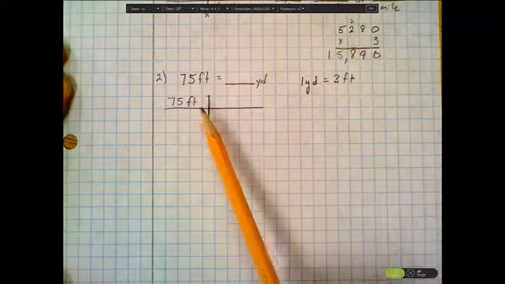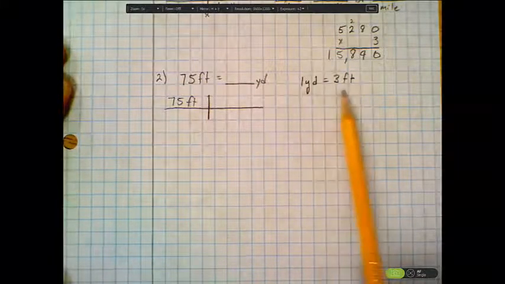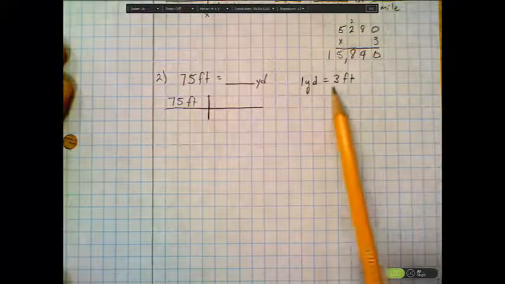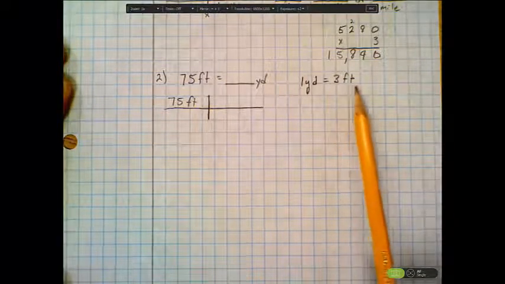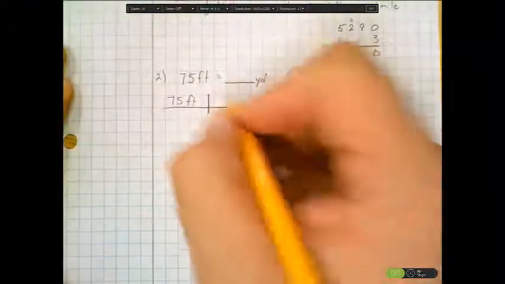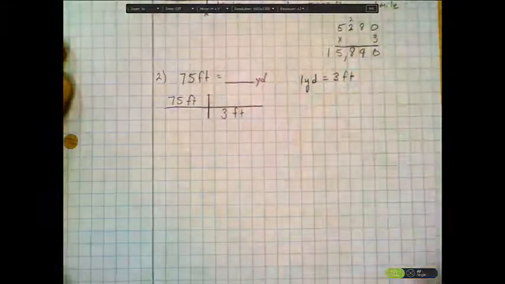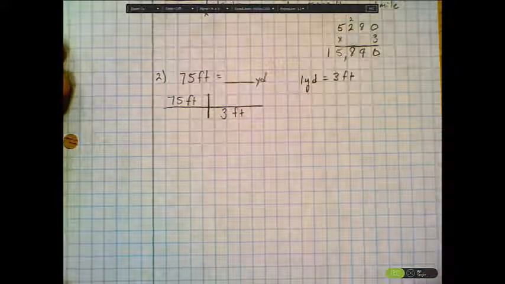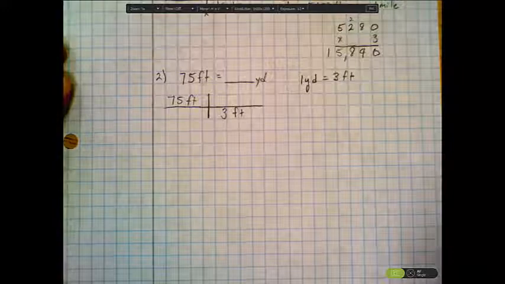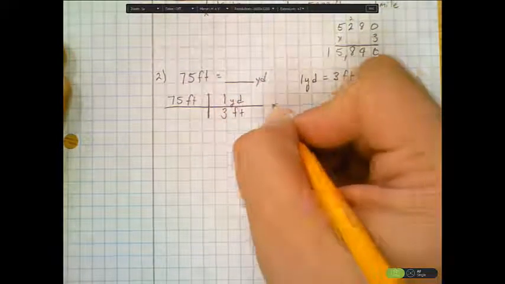So if I look at this, I see I have feet on the top. That means I have to have feet on the bottom. And the number that goes along with feet in this conversion factor is 3 feet. So I'm going to write 3 feet on the bottom of that division line. And then I finish by putting the 1 yard on the top.